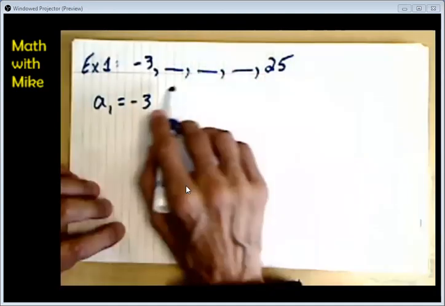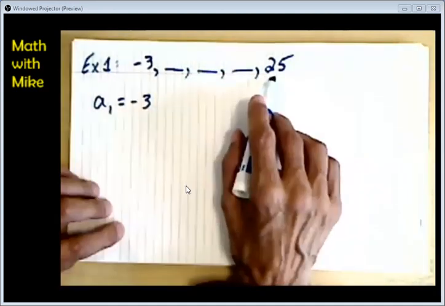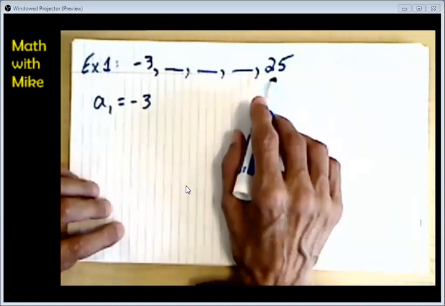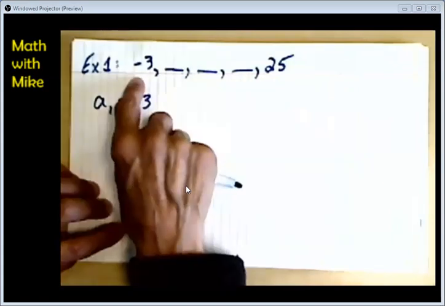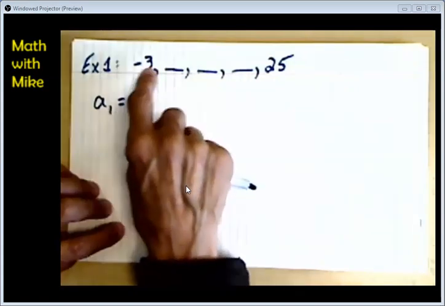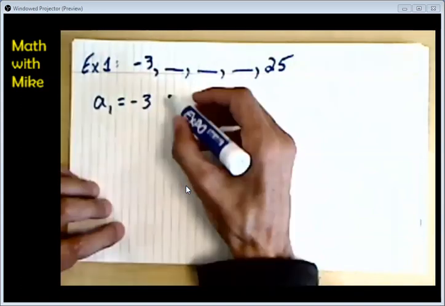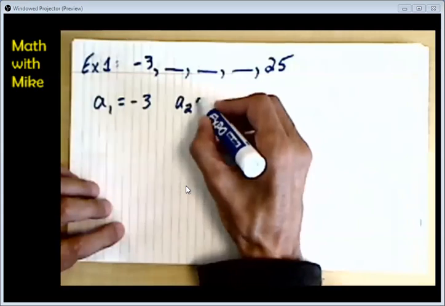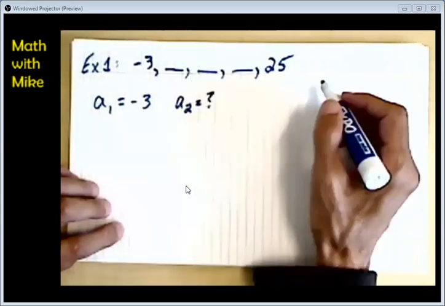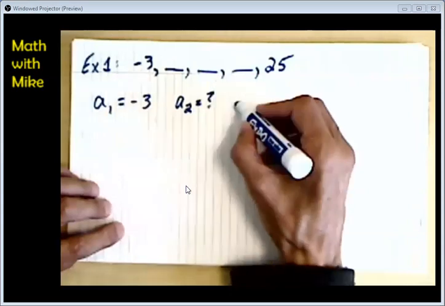We can do better than AN actually, because it shows -3 is in the first spot. The second spot is blank, so A2 is equal to, I don't know. A3 is equal to, I don't know.